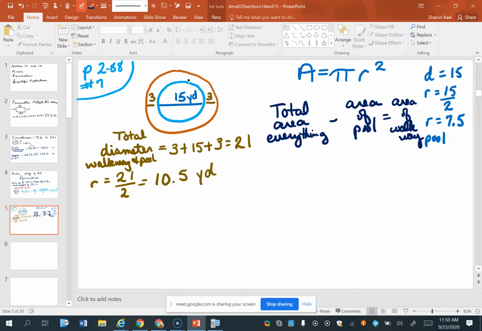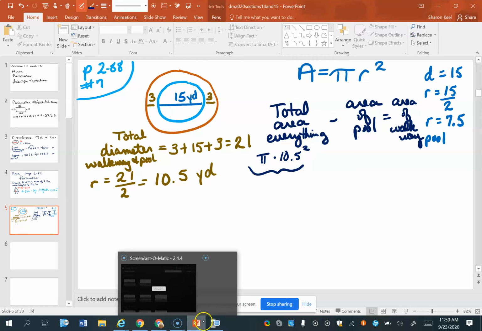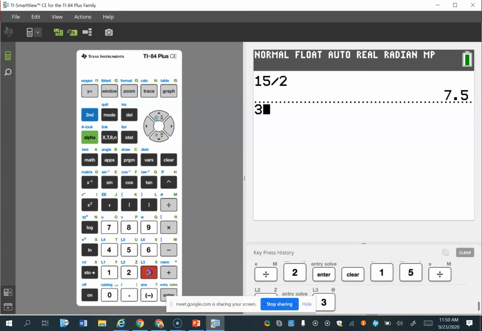So that's pretty easy. Okay, so let's do the area of everything. That's going to be pi times 10.5 squared. And for pi, we're going to use 3.14 times 10 5/10.